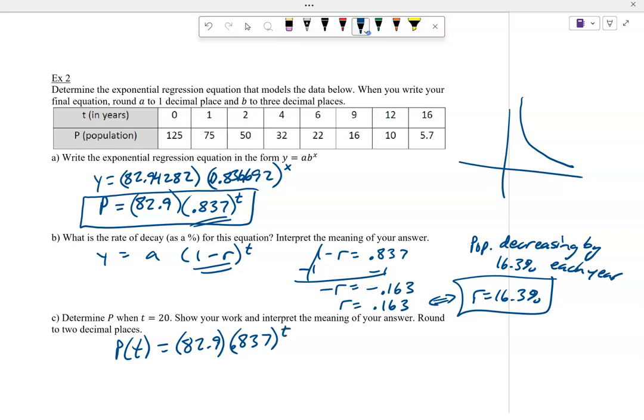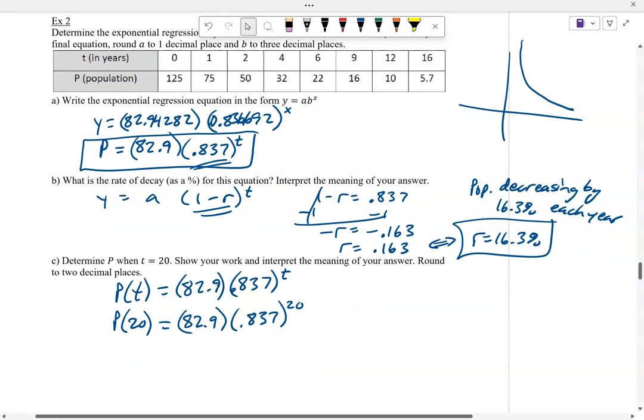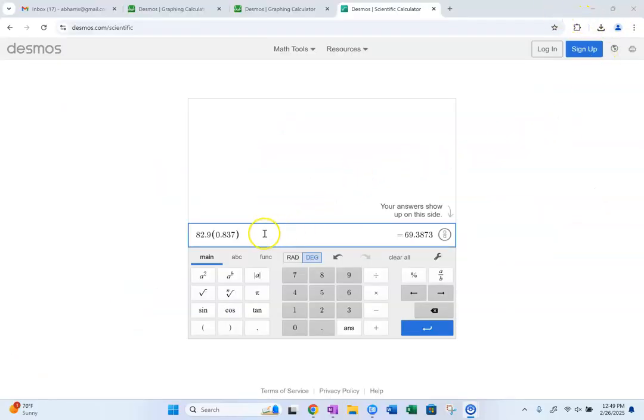So what's the population? If we were to extrapolate or predict 20 years out, outside of our range here, what would it give us? So I go ahead and punch in that 0.837 to the 20th power and then multiply it by 82.9. Let me pull up our scientific calculator for that. I punched in 82.9 times 0.837, and I can either do shift 6 or click that a to the b power, to the 20th, right?